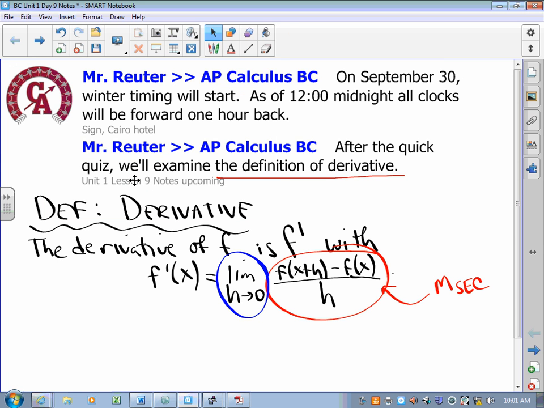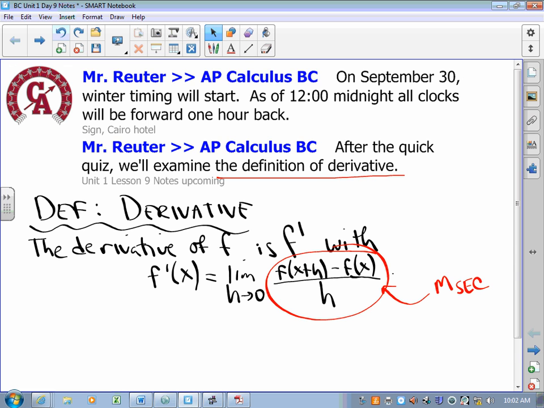It is this part that turns the slope of a secant into the slope of a tangent. We've been doing that for a couple of days now, so we're now formalizing our treatment of that. We're saying the derivative of a function f is the function f prime, and that function f prime is the limit of the slope of a secant line as the change in x gets closer and closer to 0.